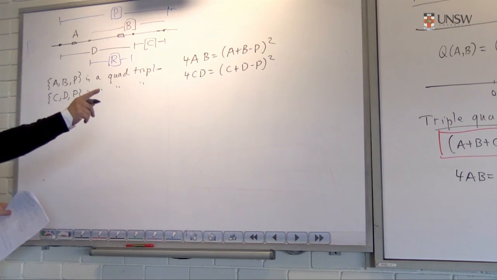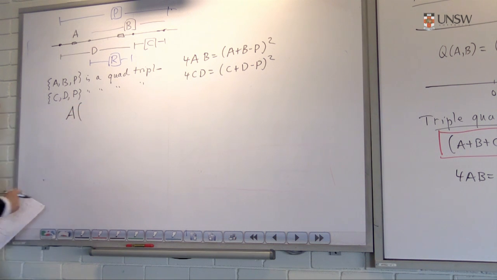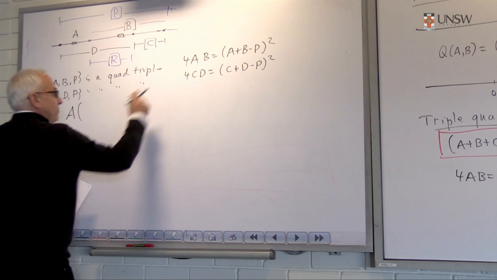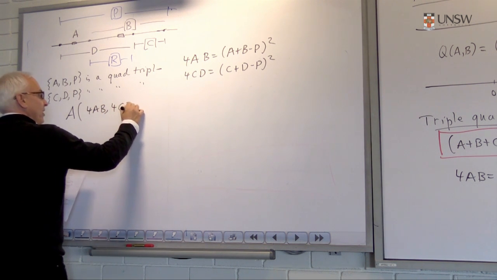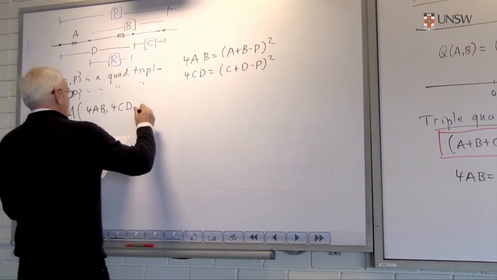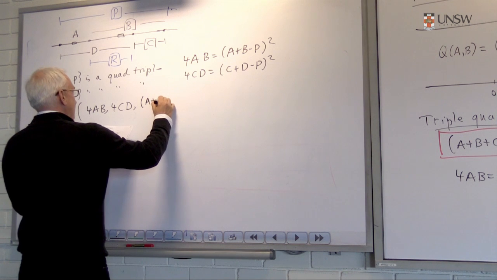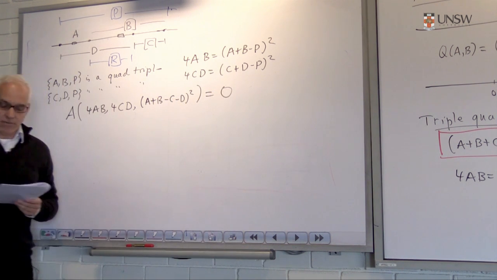In fact, the relation is exactly that the Archimedes function applied to the left-hand sides, 4ab, 4cd, along with the difference a plus b minus c minus d squared, that's going to be 0.